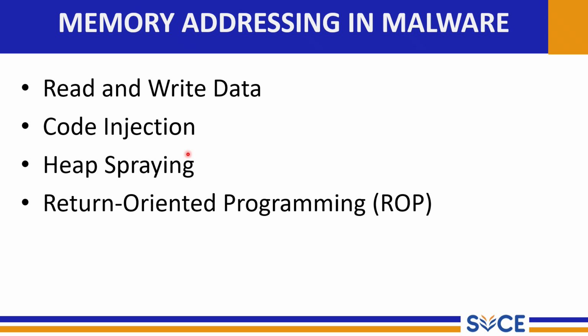Second, virtual memory: operating systems use virtual memory to provide each process with its own isolated address space, and this prevents the malware from directly accessing memory belonging to other processes or the operating system kernel.